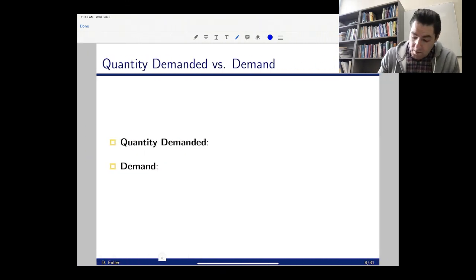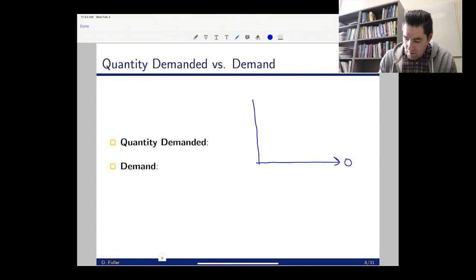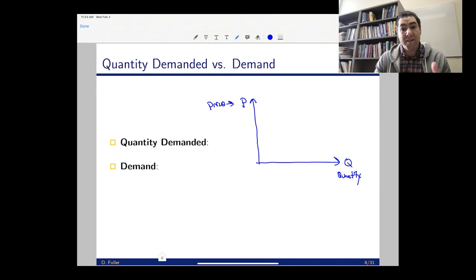So graphically, again, Q is the quantity of something, and P is the price. We're going to tend to draw a lot of graphs where we have the quantity on the horizontal axis, the price on the vertical axis. Now let's say we're looking at coffee from my previous example.